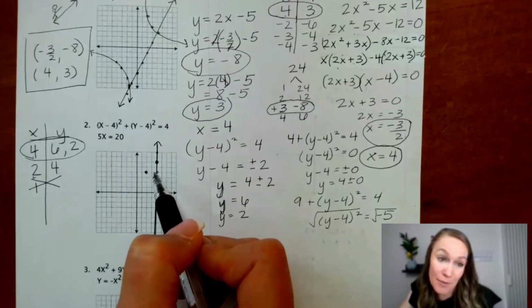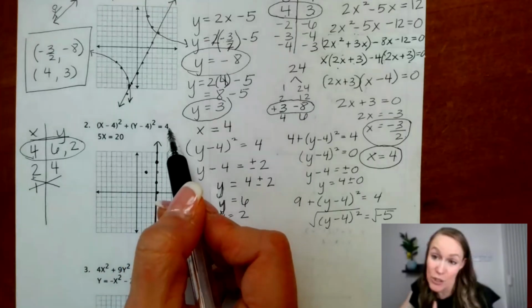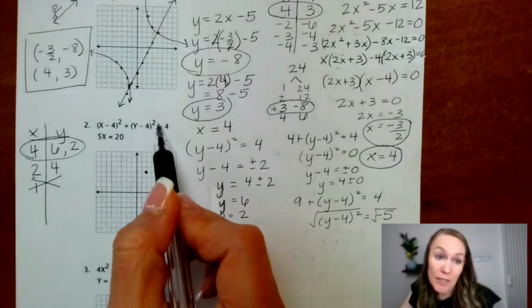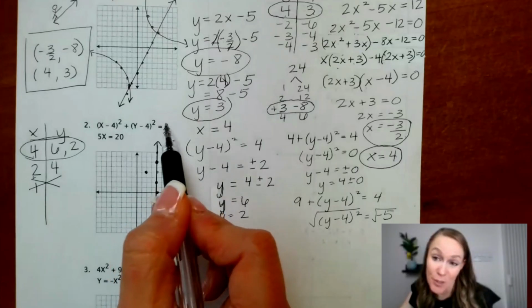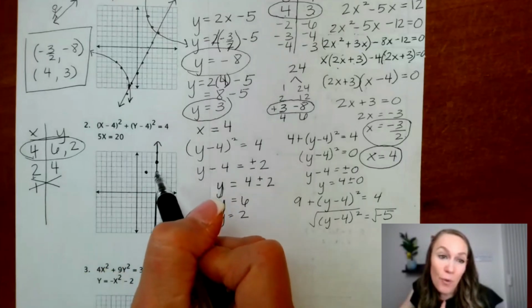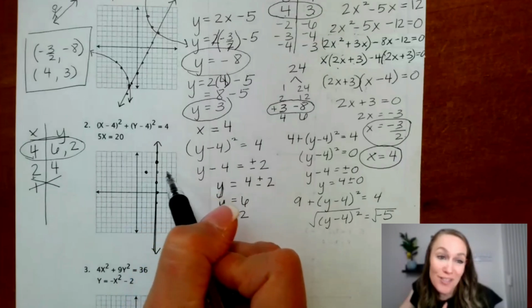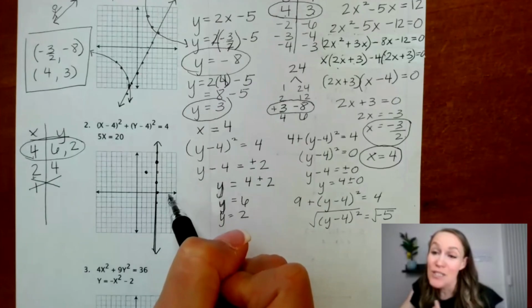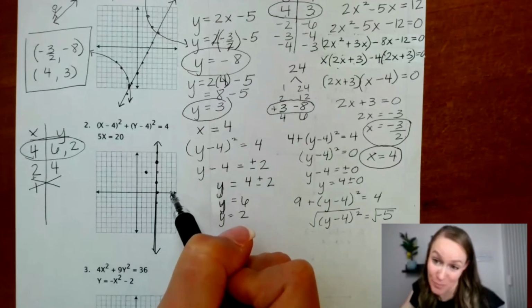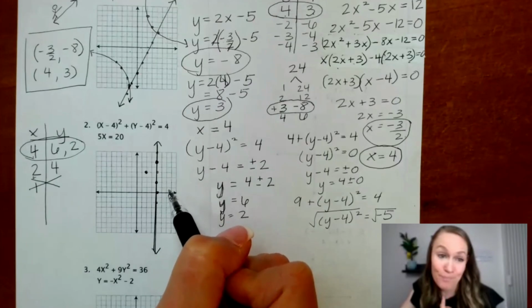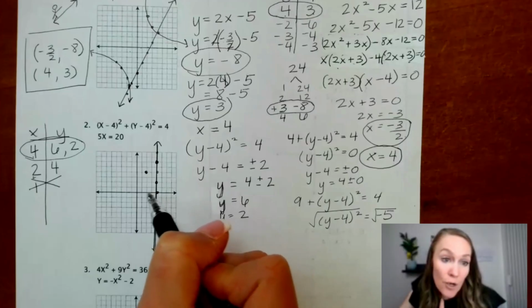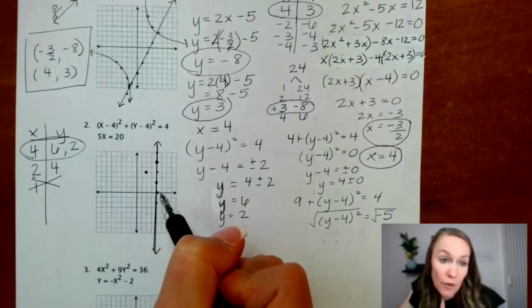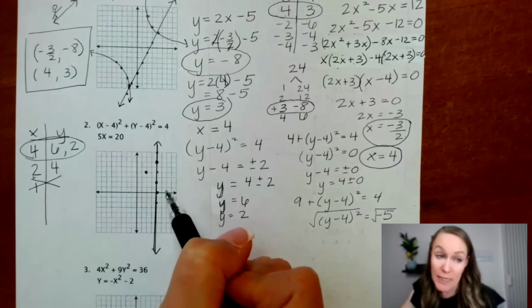I know the radius is 2, because it's the square root of this number. So 1, 2, 1, 2. So this x value is what we should pick because it's going to give us the best number to be able to graph this circle. So 1, 2, 3, 4, 5, 6. So we should pick 6.